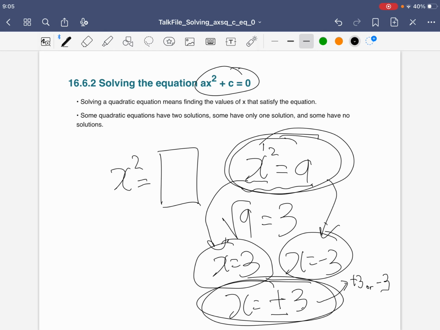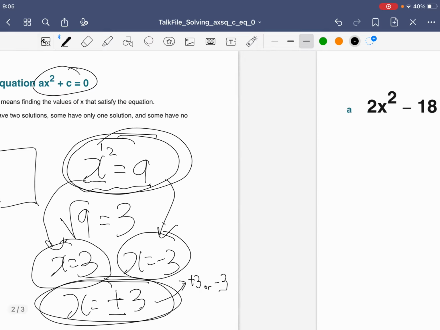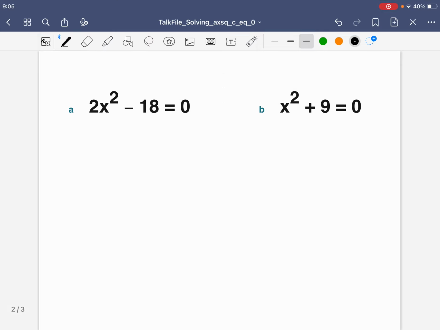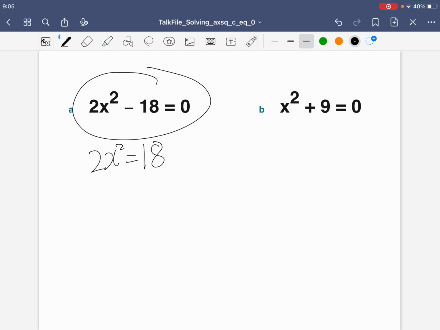I said usually because not all the time. But let's have a look at some examples. 2x squared minus 18 equals 0. The first aim is to make x the subject. So 2x squared equals 18.